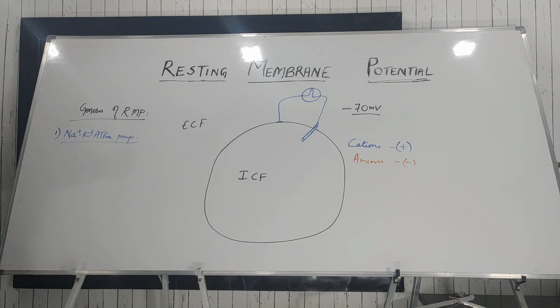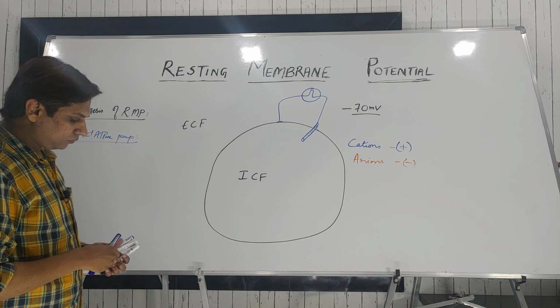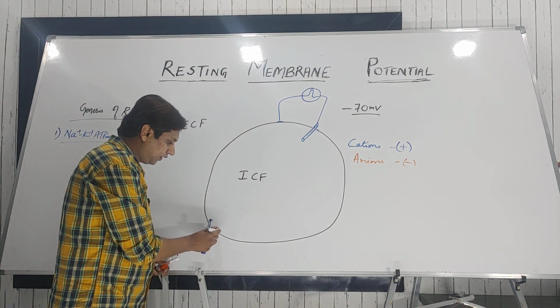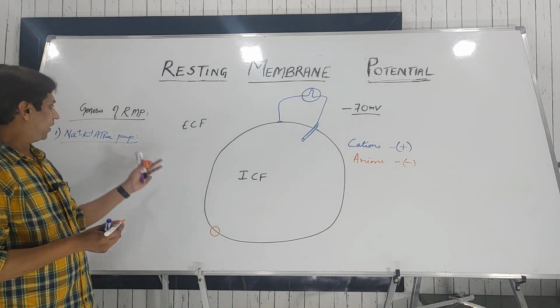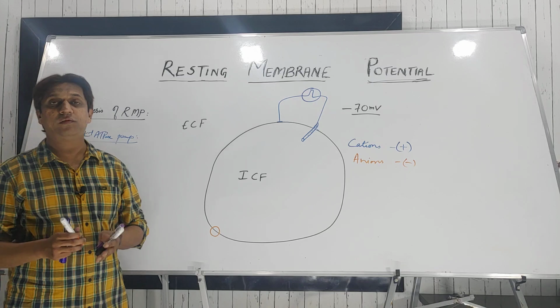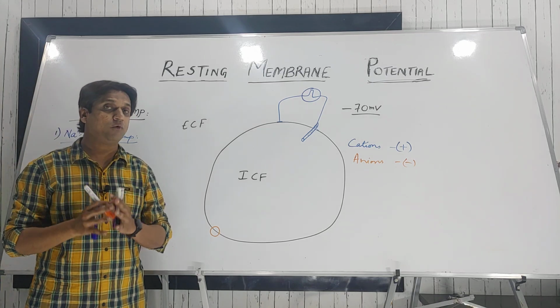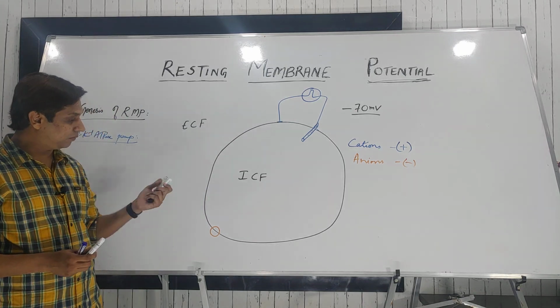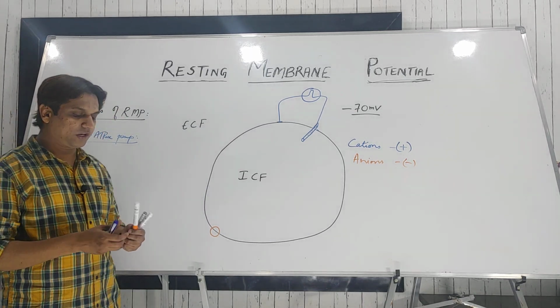As you people know, on the surface of the cell membrane, there is a sodium-potassium ATPase pump. Hope you have studied the sodium-potassium ATPase pump under the section of transport across cell membrane. That is the active transport and primary active transport. Primary active transport, example, sodium-potassium pump.